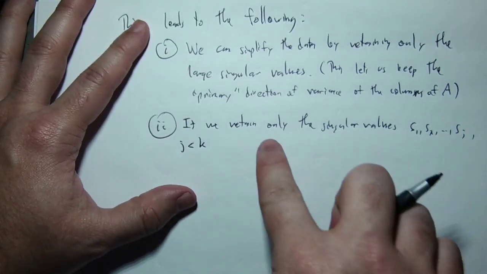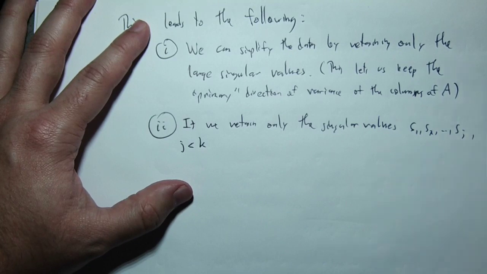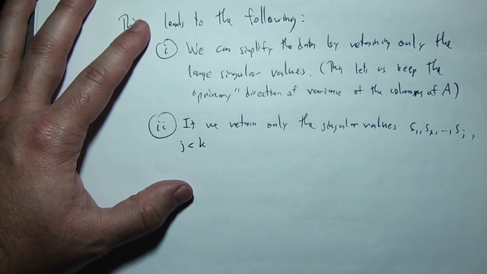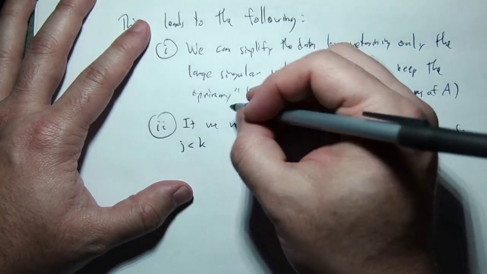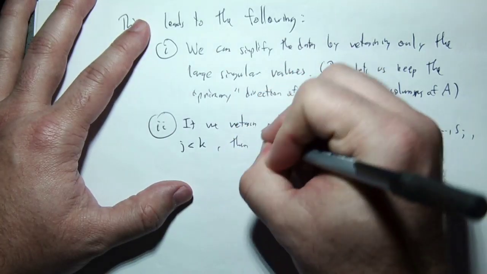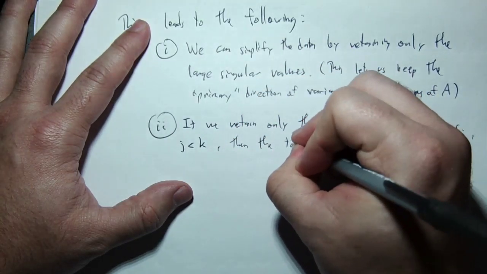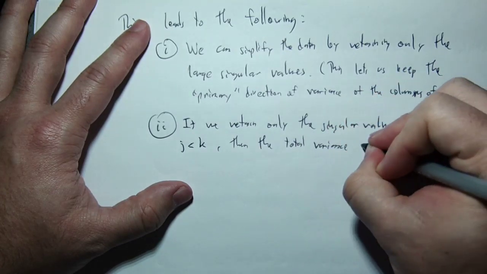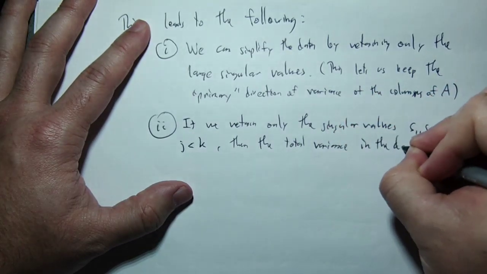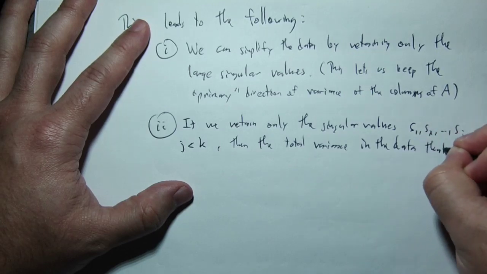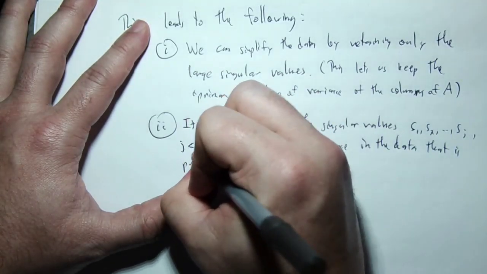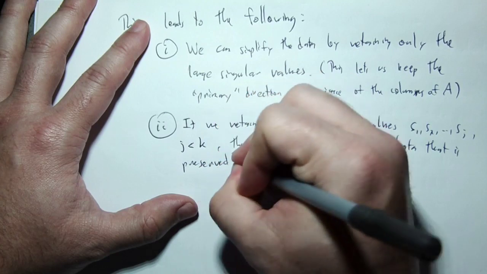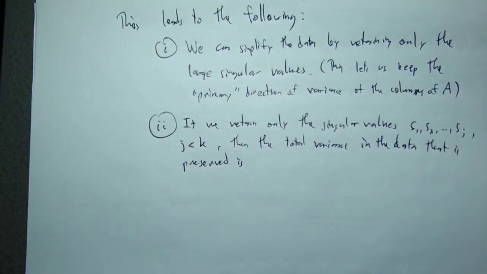But if we retain only the singular values up to some j, then the total variance in the data that is preserved is what?